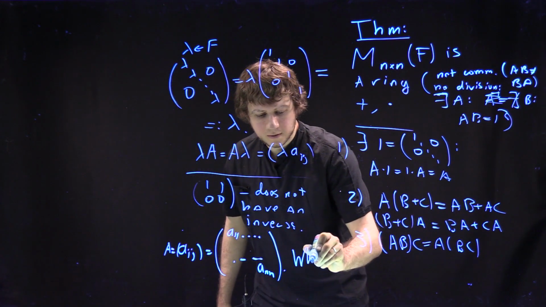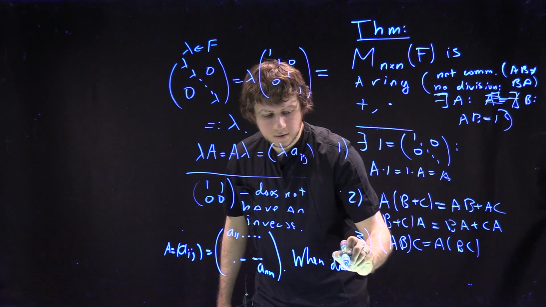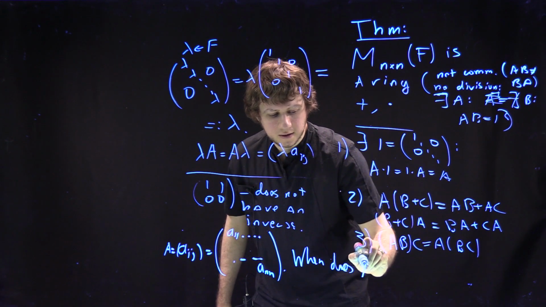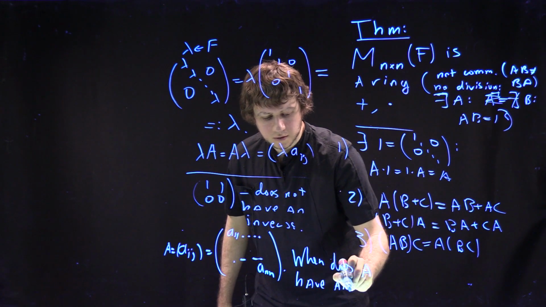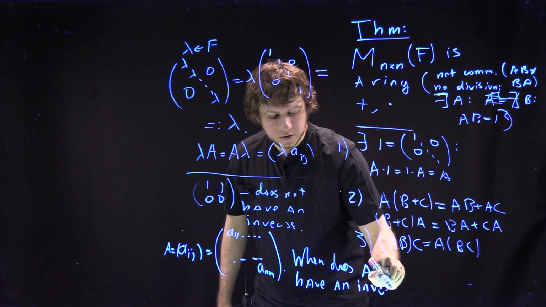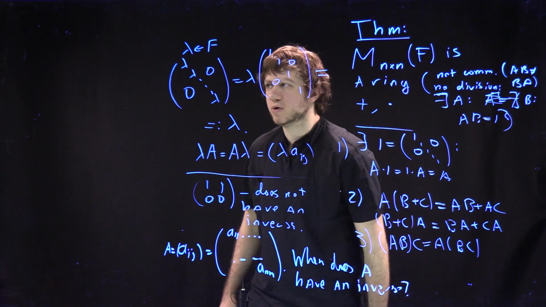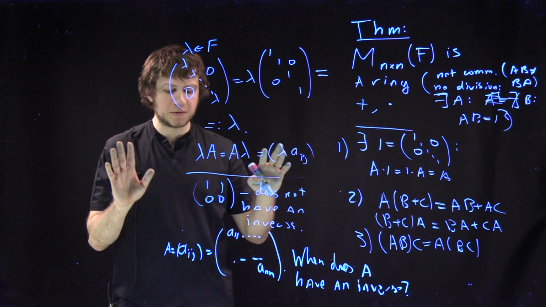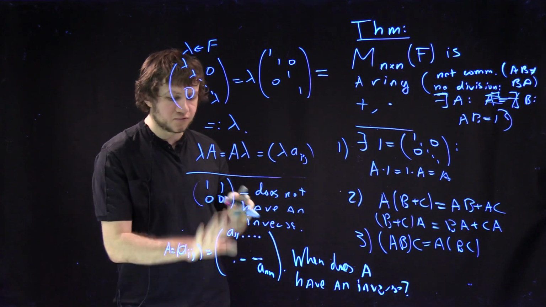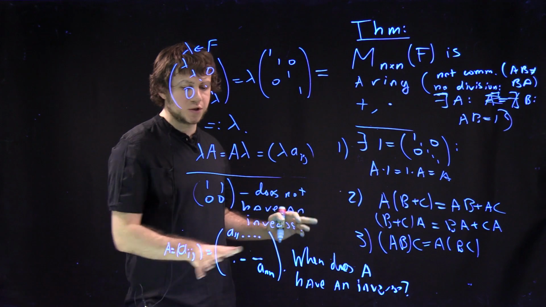When does A have an inverse? This is a really important problem, because in practice you sometimes want to find the inverse of matrices, just because this is really what solving equations is about and so on.